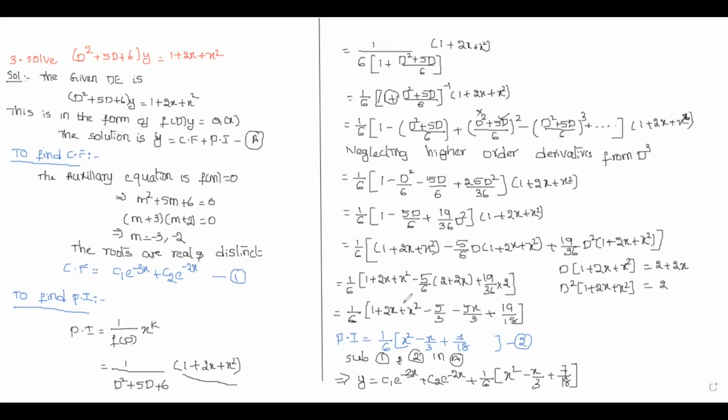So substituting the values here and simplifying, you get the particular integral as 1 by 6 into x square minus x by 3 plus 7 by 18. So substituting these two values in the given solution, y is equal to c1 e power minus 3x plus c2 e power minus 2x plus 1 by 6 into x square minus x by 3 plus 7 by 18.